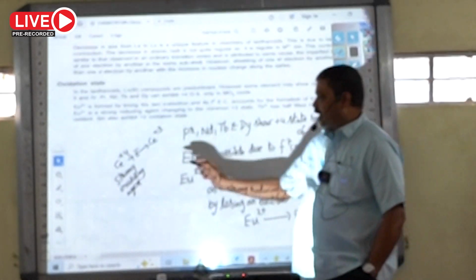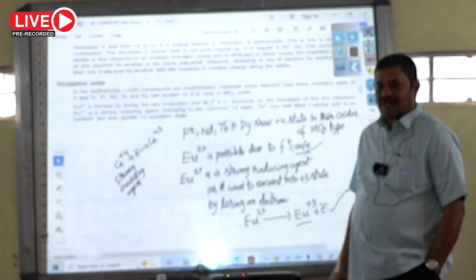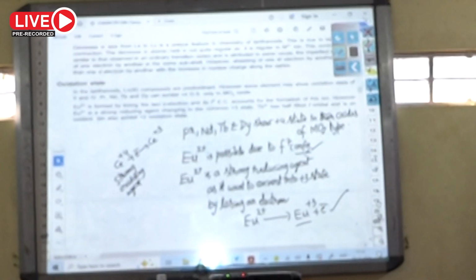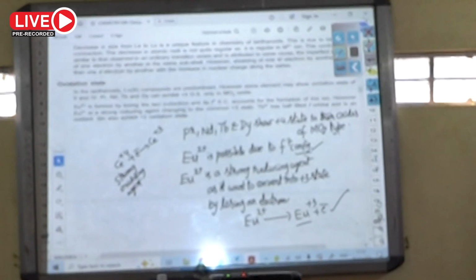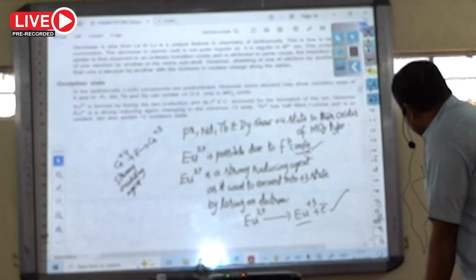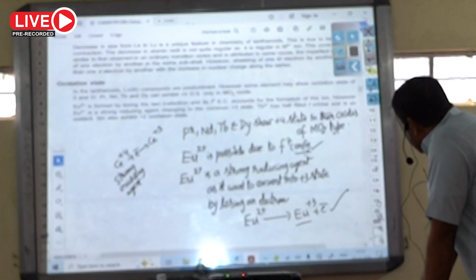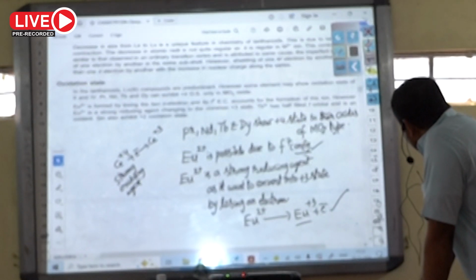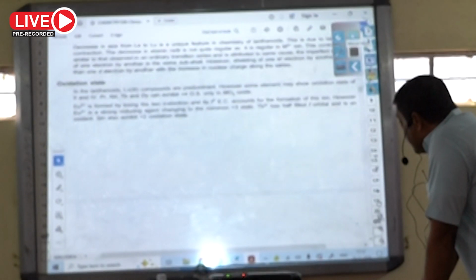Here it is gaining an electron to convert its oxidation number from +4 to +3. So Ce4 plus is a very strong oxidizing agent. Europium 2 plus is a good reducing agent. Both of them are acquiring the common oxidation state of +3.